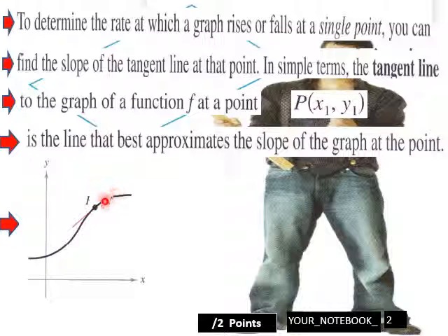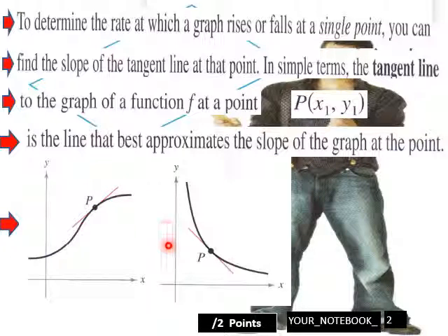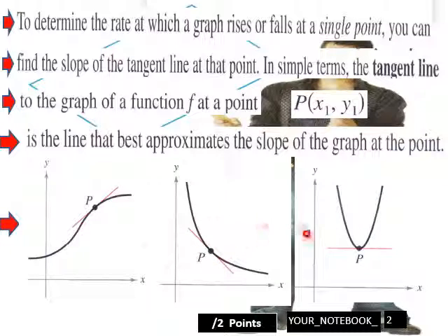A tangent line will determine the actual slope of this curve at that point. And at this point here, the slope can be determined by finding the slope of the tangent line at that point. And then down here as well, the slope at this point can be determined by the tangent line.